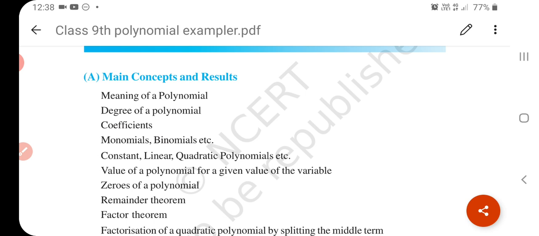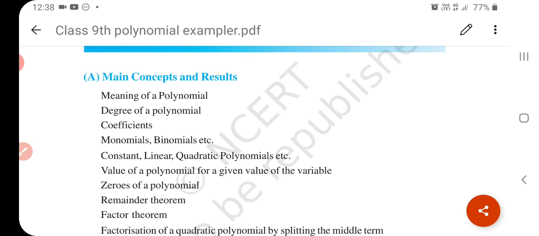Okay, example of linear polynomial is ax plus b. Example of quadratic polynomial is ax square plus bx plus c, and cubic polynomial is ax cube plus bx square plus cx plus d. Okay, this type. And if the polynomial has degree 4, it is called biquadratic polynomial.